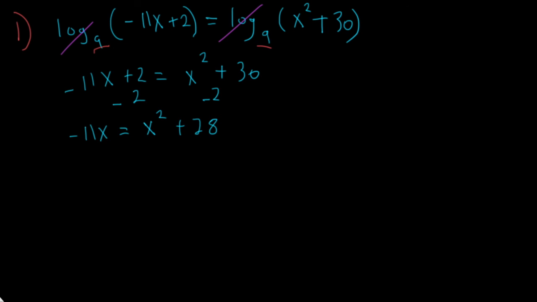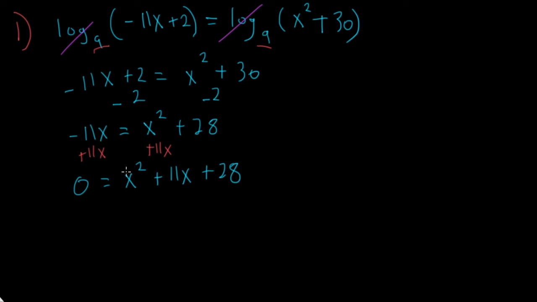Now we're going to add 11x, add 11x. There's no like term there with 11x, so we have 0 is equal to x squared plus 11x plus 28. Now we're going to think about factoring. We'll have another video on factoring if you need to review that, so I'm not going to go through it in great detail, but I'll quickly do my little method that I like.